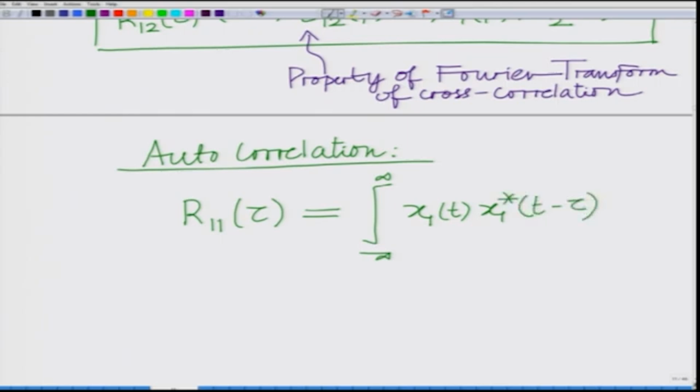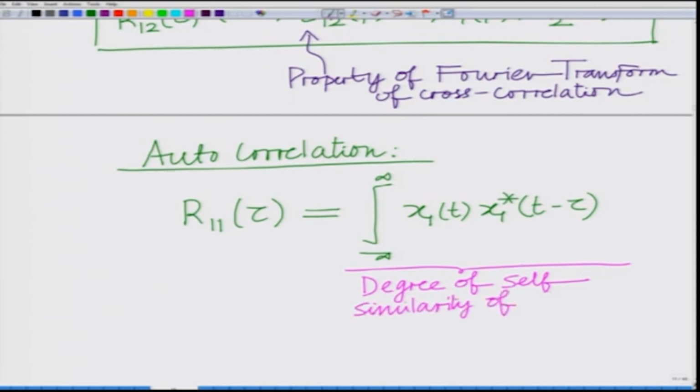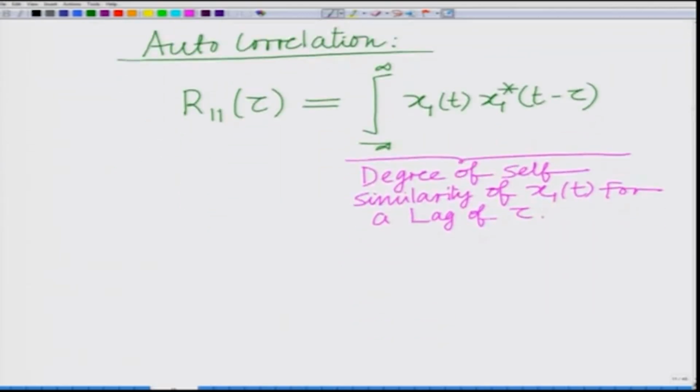What is this? This measures the degree of self similarity of x1(t) for a lag of tau.